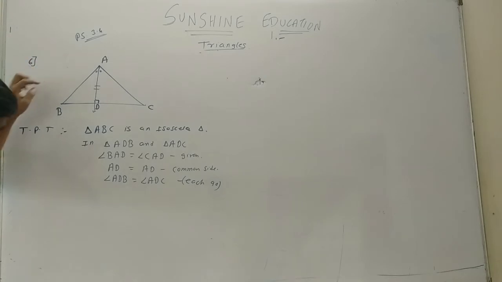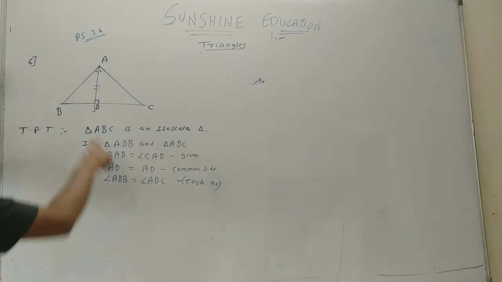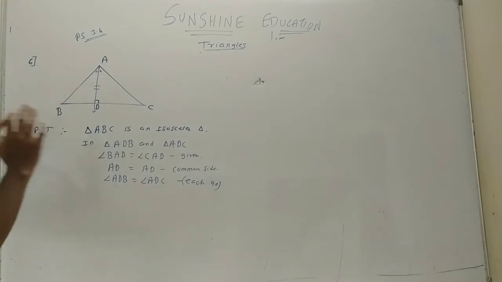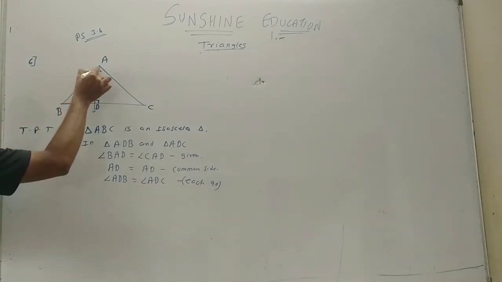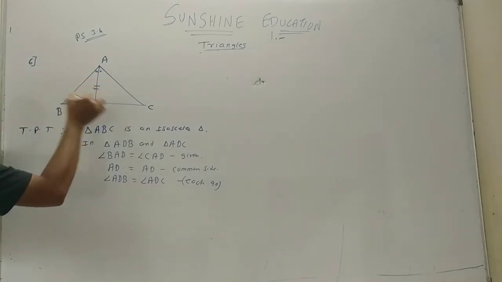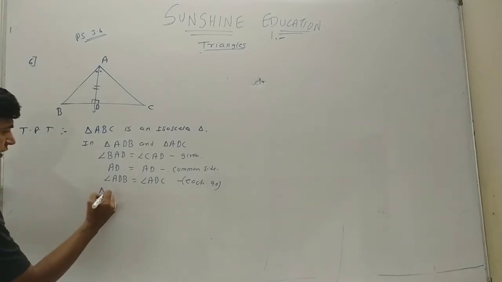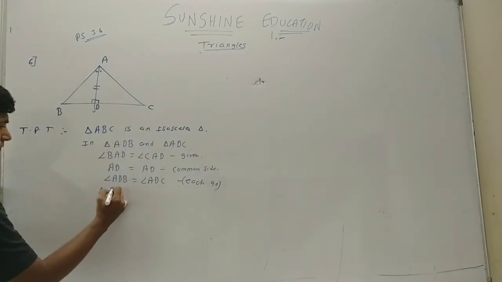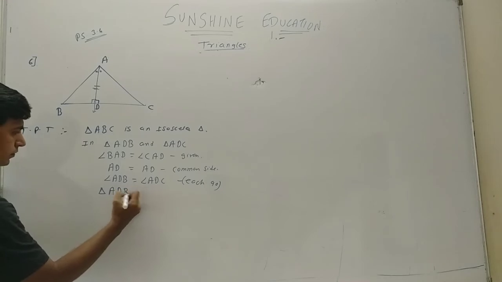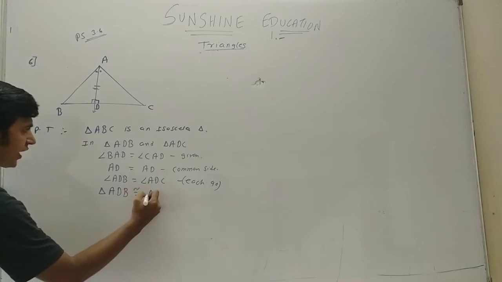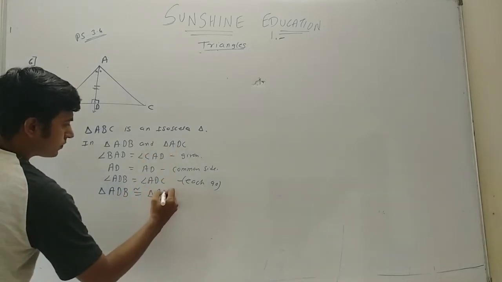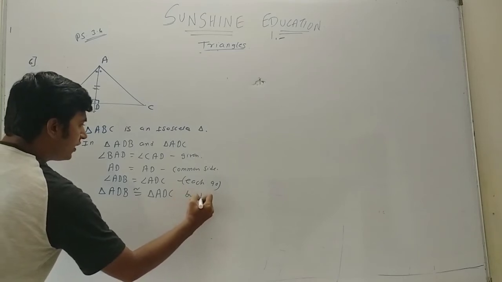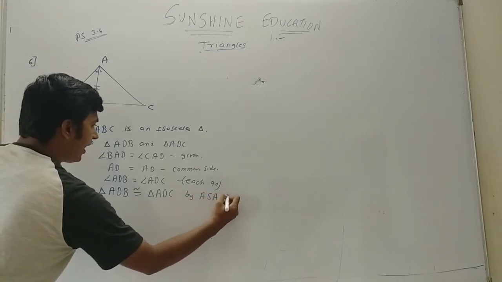I will read the question again: the bisector of BAC is perpendicular to BC. So if you observe the triangles properly, we have angle, we have side, and again we have angle. Therefore, triangle ADB is congruent to triangle ADC by the angle side angle test.